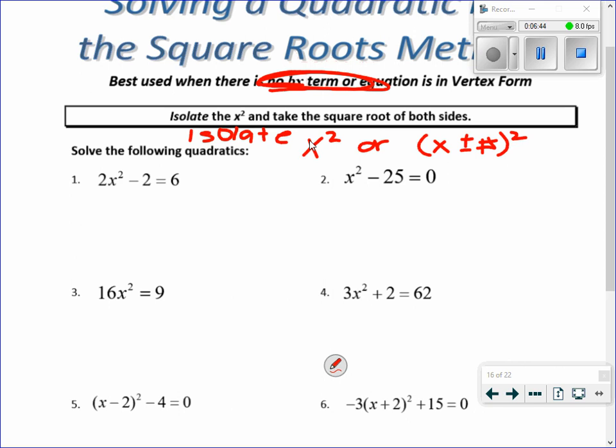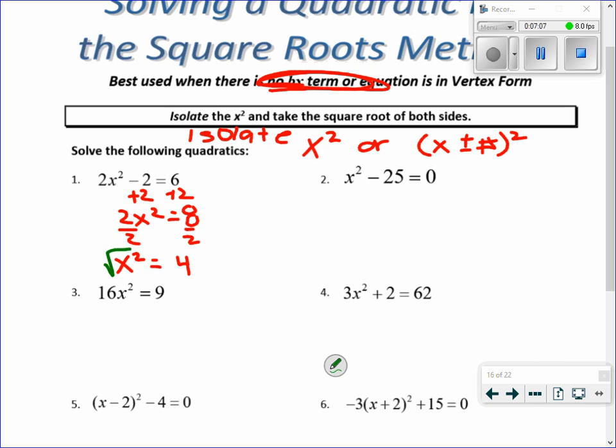Yeah, add 2, and then we'll divide by 2. So we'd add 2: 2x squared equals 8, then dividing by 2, I have x squared equals 4. We've been here before. To get the x, we would do what? Square root.